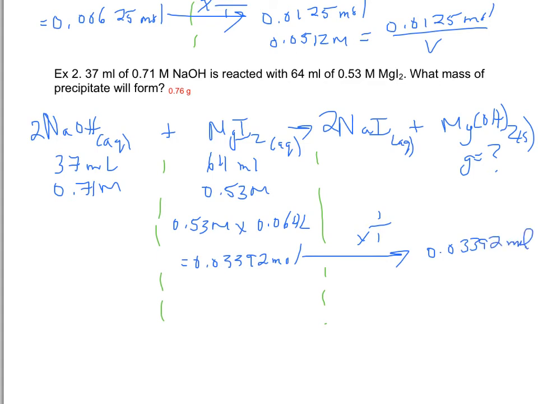Now let's go back and do the sodium hydroxide. Same process. I take the concentration of the solution and multiply it by the volume, converted into liters. That'll give me moles.